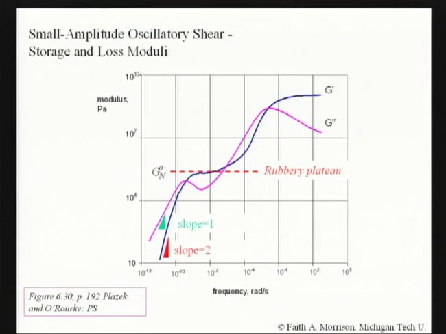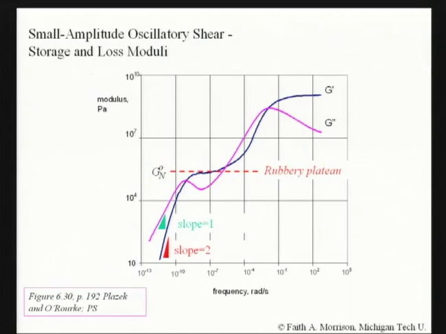At very, very low frequencies, you're completely allowing the material to flow. And what the spectra look like is you get the lowest values of these viscous and elastic moduli, and they trend towards very characteristic slopes in what is called the terminal zone.